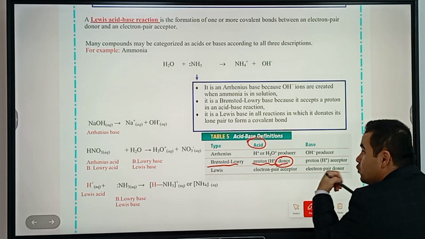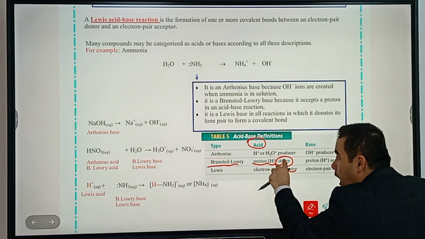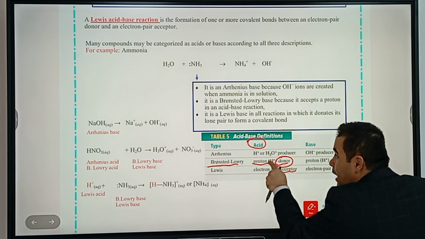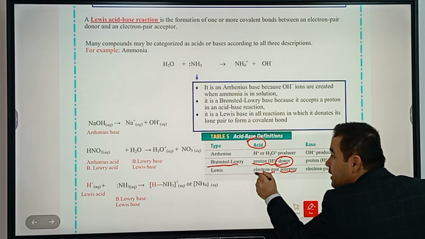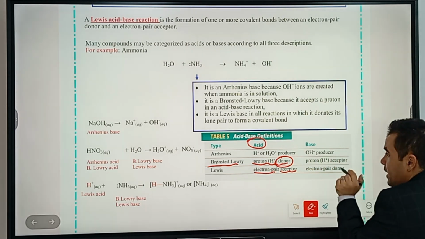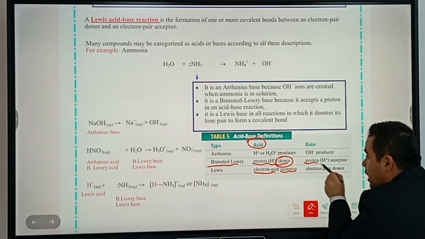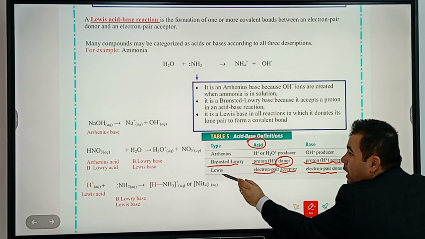But according to Lewis, it's the acceptor. So here, Bronsted-Lowry is a donor of a proton, but here it is an acceptor of a pair of electrons. So do not be confused about the terms. But for bases, it's an acceptor according to Bronsted-Lowry, but it's a donor according to Lewis.